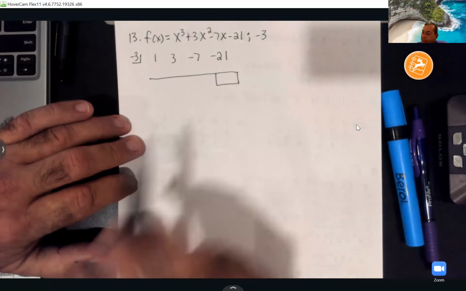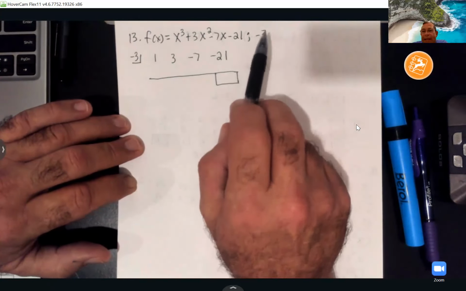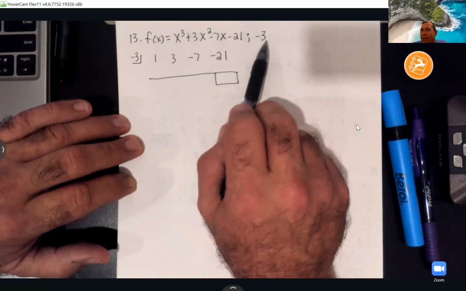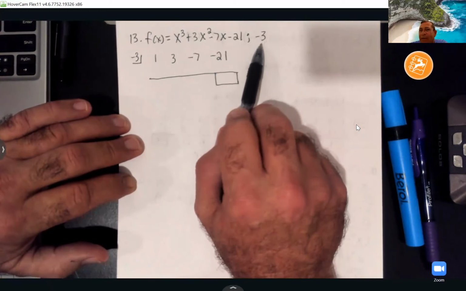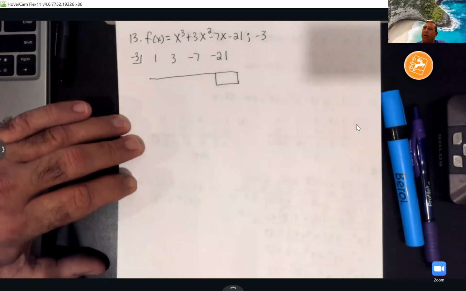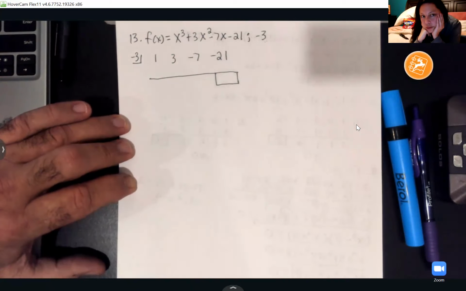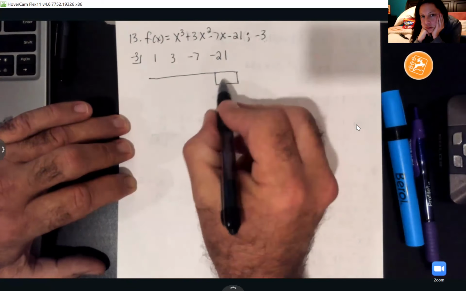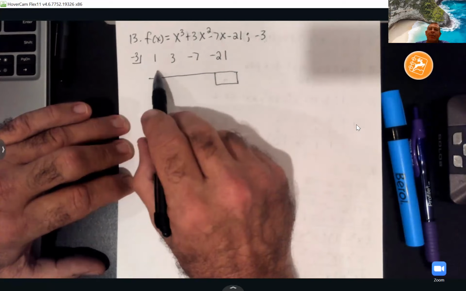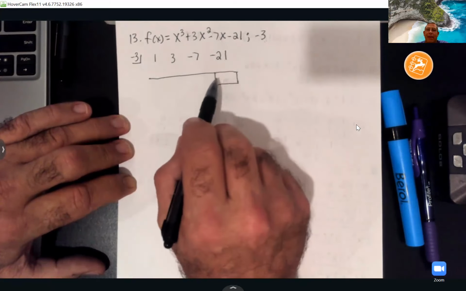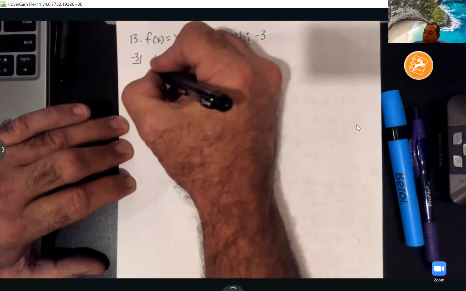Now let me ask you this. They gave me a zero of -3. Since that's a zero, what remainder will you better get? 0. Perfect. If you don't get a 0 here, somewhere you definitely made a mistake, because they're giving it to us.